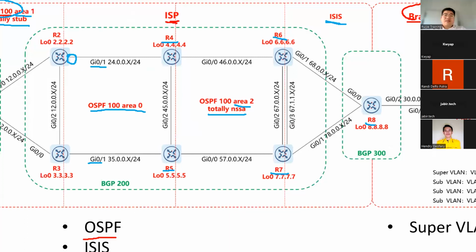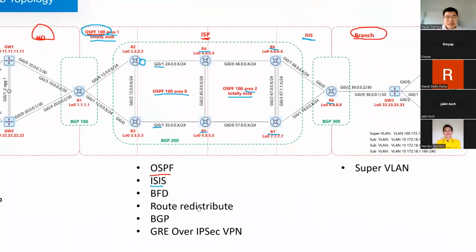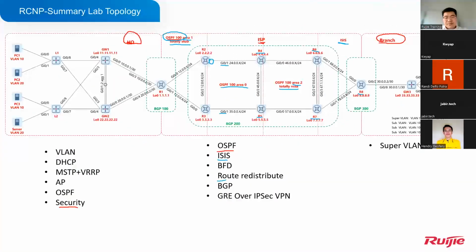Mixing them means the ISIS routes will be forwarded to the OSPF neighbor, and OSPF routes will be transmitted to the ISIS neighbor. To solve this problem, what we should do is route redistribution. Route redistribution means that we import the OSPF routes into ISIS, and import the ISIS routes into OSPF. In other words, we mix them, right?